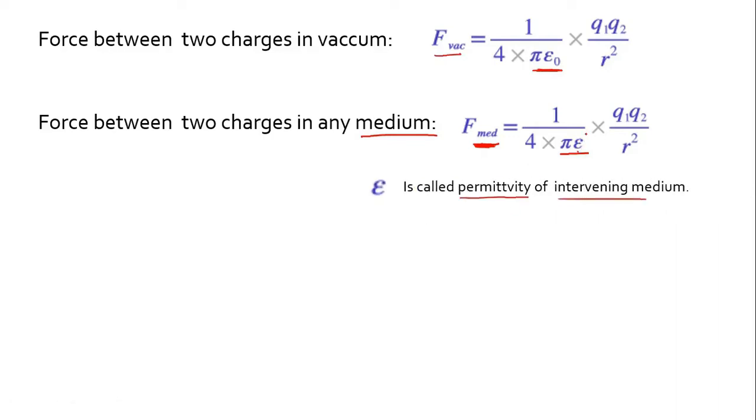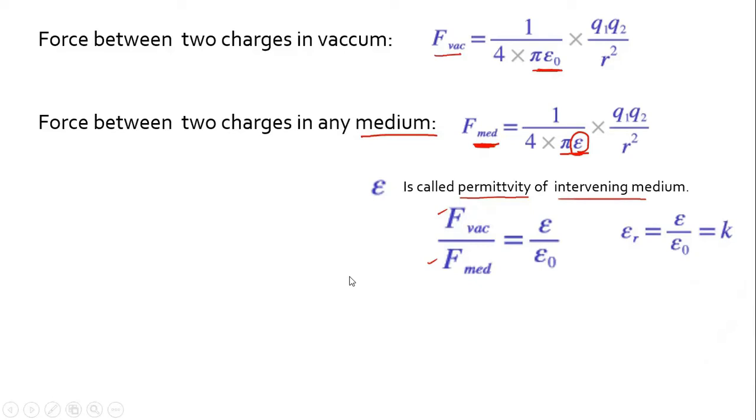This epsilon is the deciding factor which will decide the magnitude of the force between the same two charges which were there in a vacuum. So what is the effect of this medium? If we divide these two forces, that is, force in vacuum and force in medium, we get the ratio of epsilon upon epsilon naught, and this ratio is called the relative permittivity, which equals epsilon upon epsilon naught.